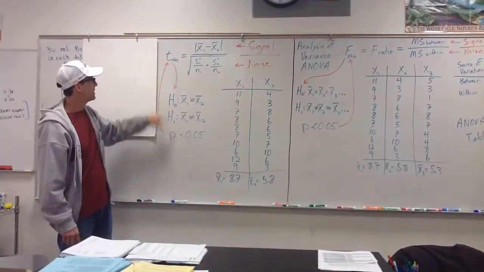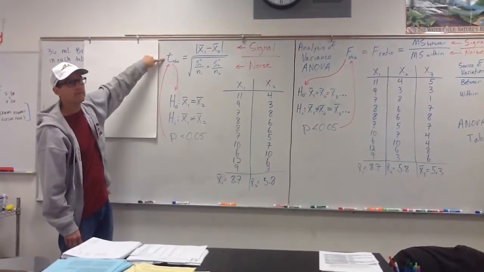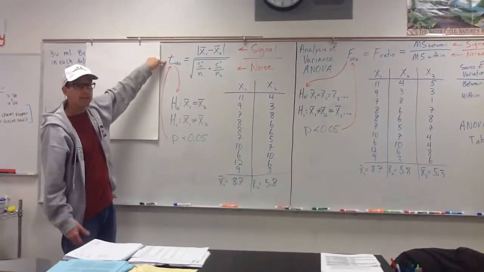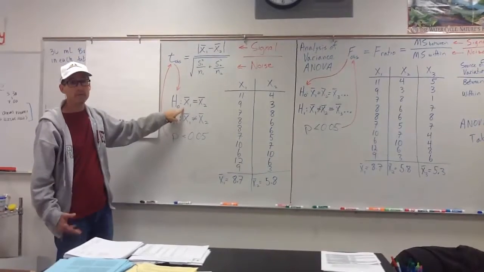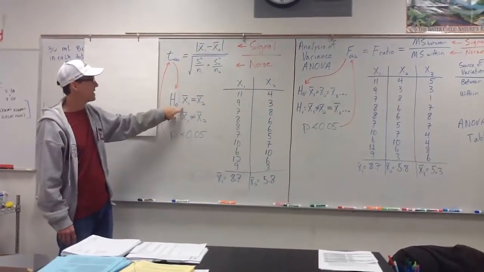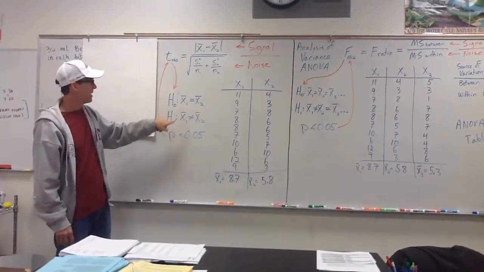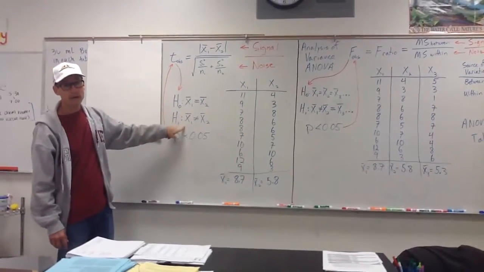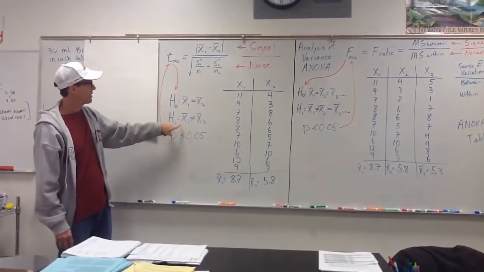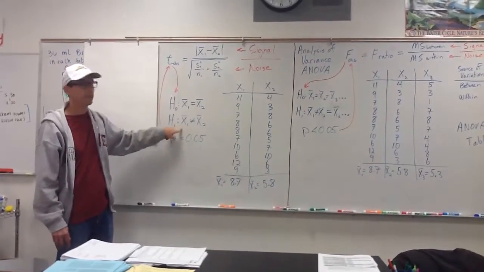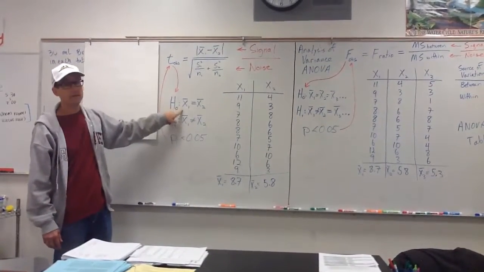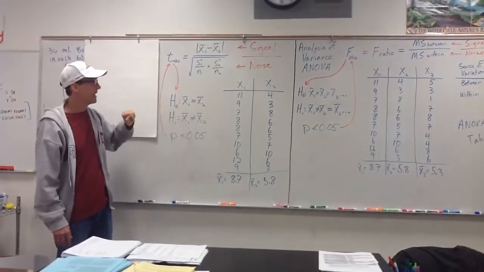If the probability of getting this number is really small, then that makes this expression unlikely. We can reject this idea, and conclude that the alternative hypothesis, that the means are different, is much more likely than the null hypothesis that they're the same.